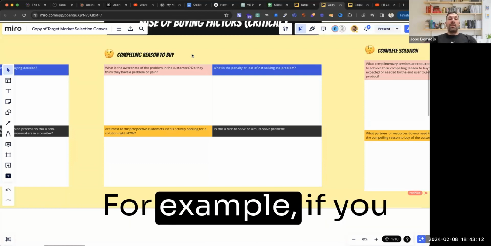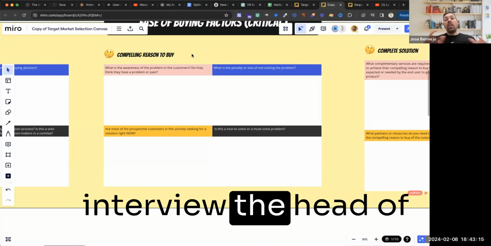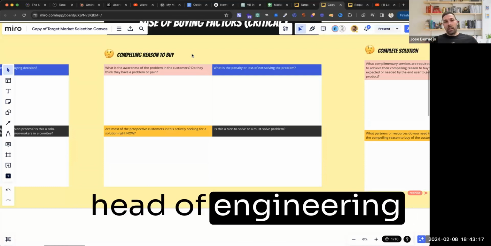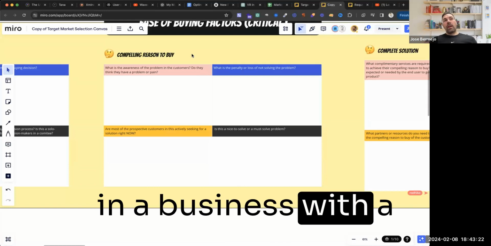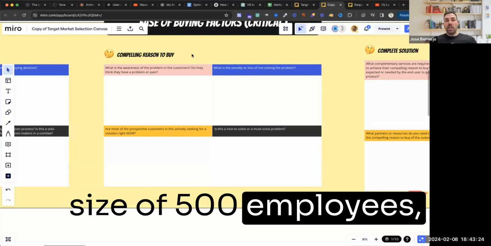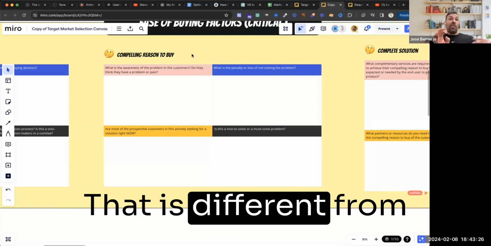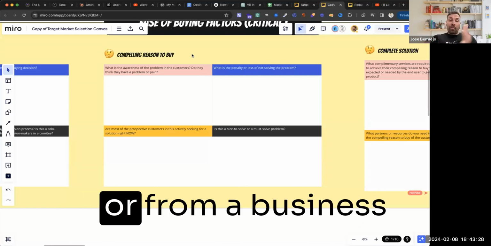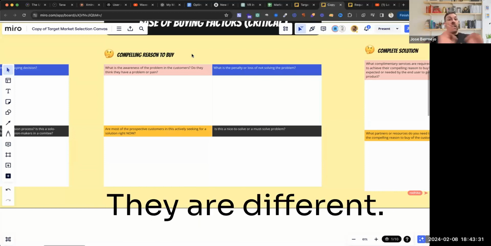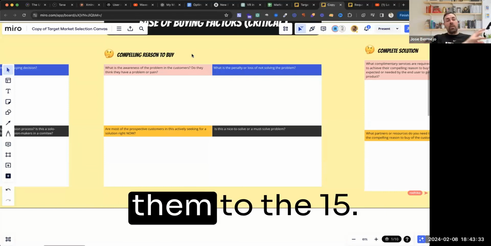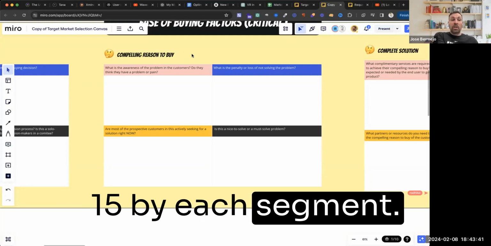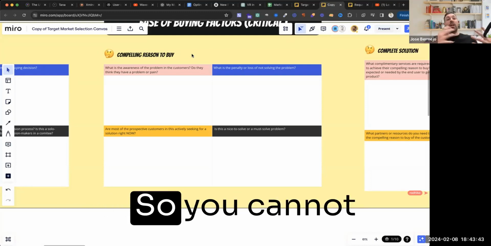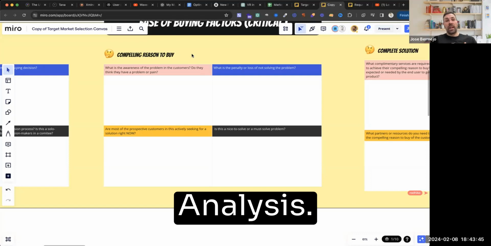For example, if you interview the head of development or the head of engineering in a business with a size of 500 employees, that is different from a solo developer or from a business of 10 employees. They are different. You cannot add them to the 15. It has to be 15 for each segment because they have different problems. So you cannot mix problems and audiences, okay?